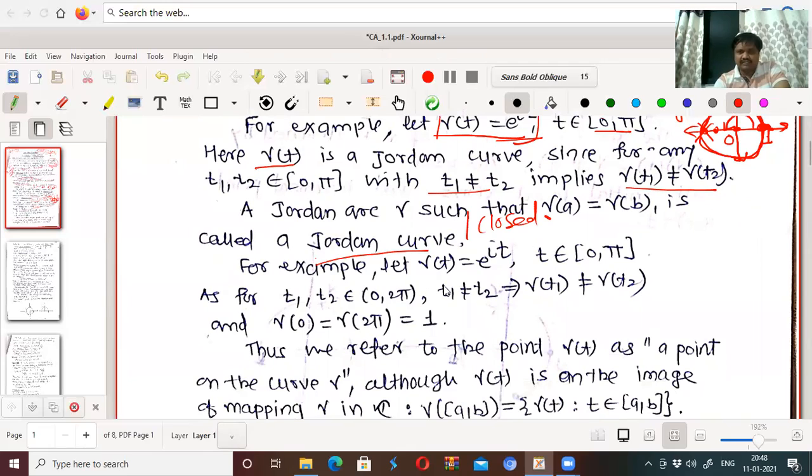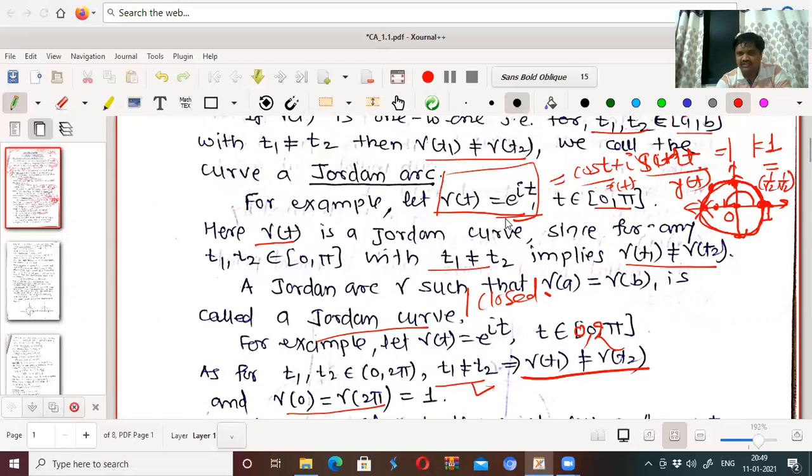For example, let gamma t equal e to the power it, where t belongs to 0 to 2 pi. So this will be the circle, with initial point at 0, and then we get it like this. Here for t1 not equal to t2, gamma at t1 is not equal to gamma at t2, but at the end points both are the same, with value equal to 1. So gamma at 0 is 1, and gamma at 2 pi is 1.